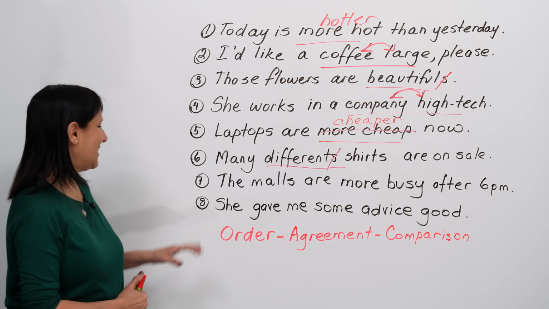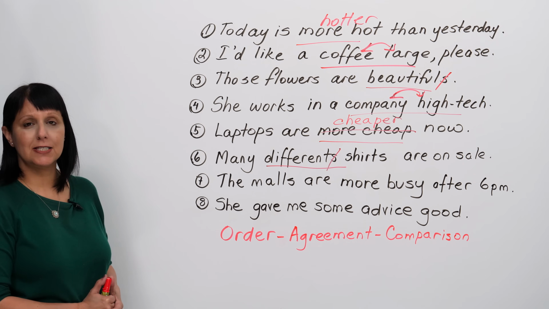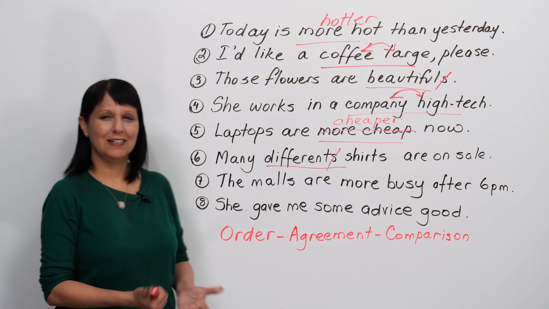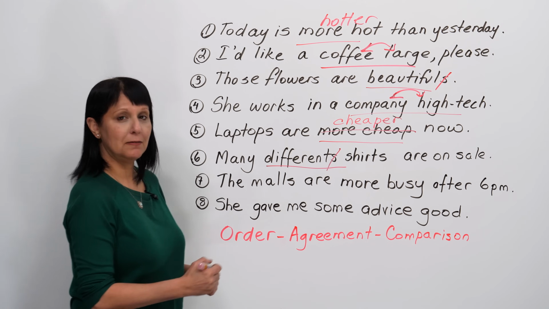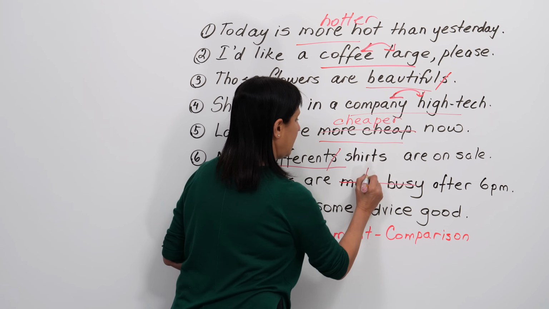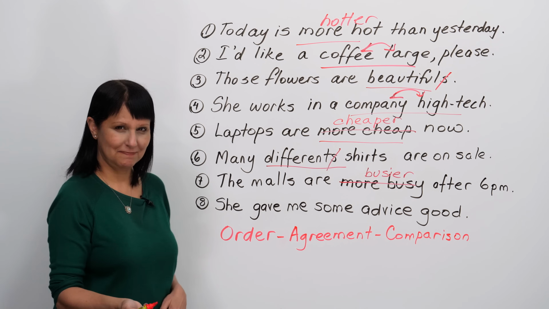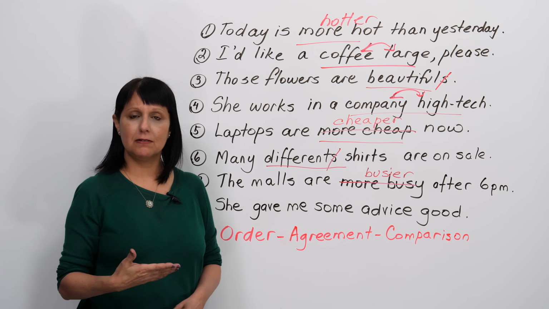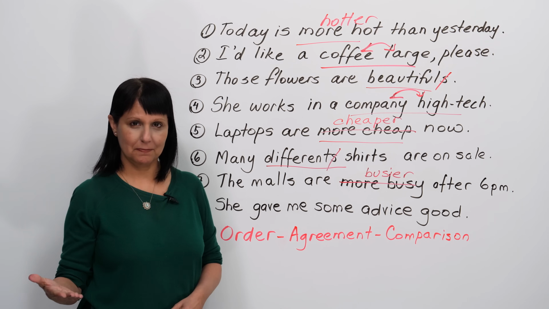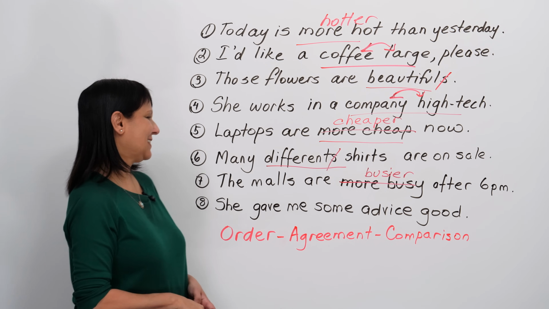Good. Number 7. The malls are more busy after 6 p.m. That's incorrect. Let's say it correctly now. The malls are busier. Good. Let's say the whole sentence. The malls are busier after 6 p.m. Good.